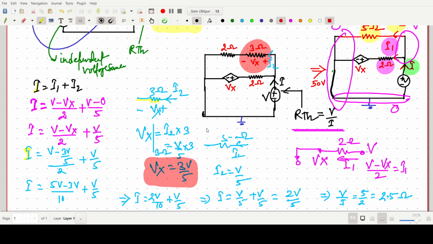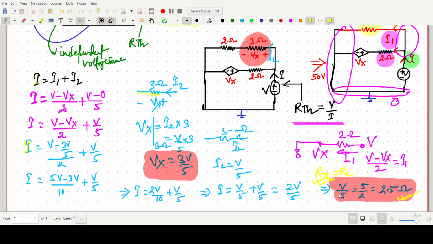So this is the way to find the Thevenin resistance, R Thevenin, when some dependent voltage source is given. This R Thevenin will be V by I. R Thevenin is simply our load resistance for maximum power transfer.